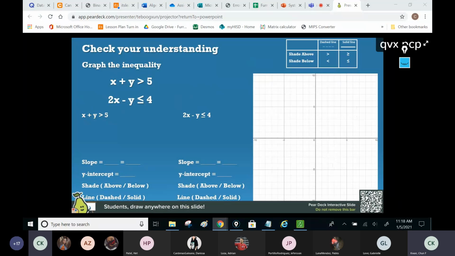Or you should get a line that, I mean, the graph should look like an X, right?